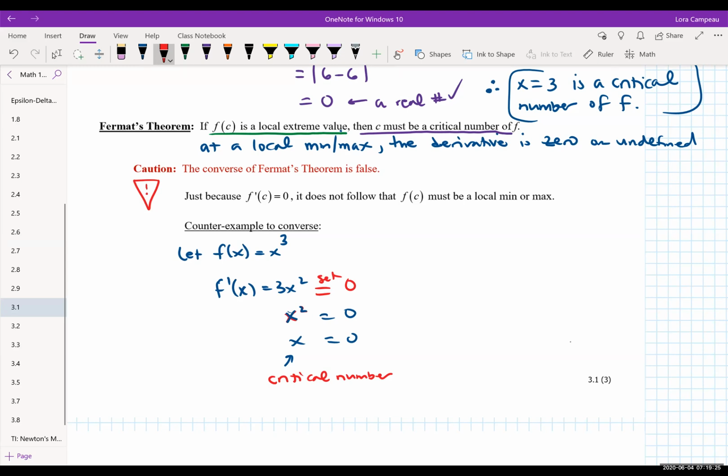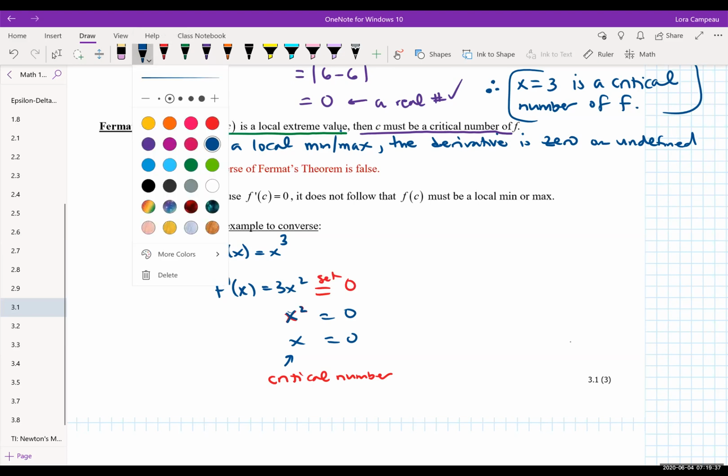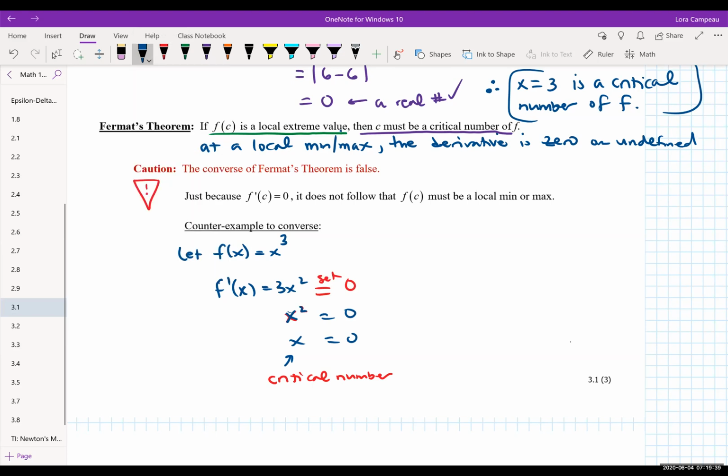But if we look at this a little bit clearer and analyze the geometry behind this, keep in mind, critical number, what does that mean? That means the derivative at that point is equal to 0. So let's look at the actual picture of the function.